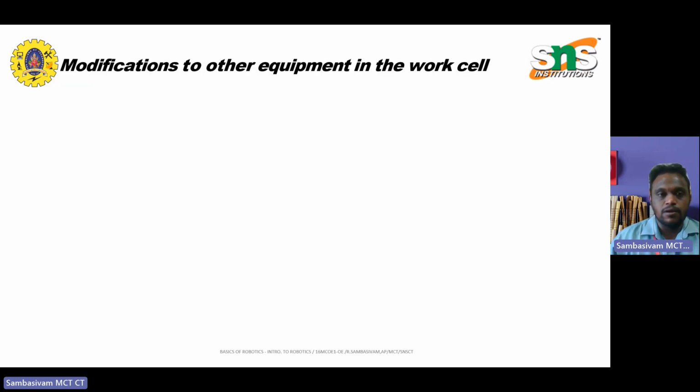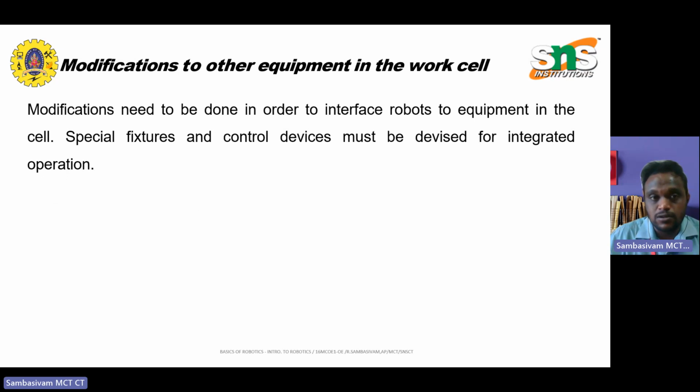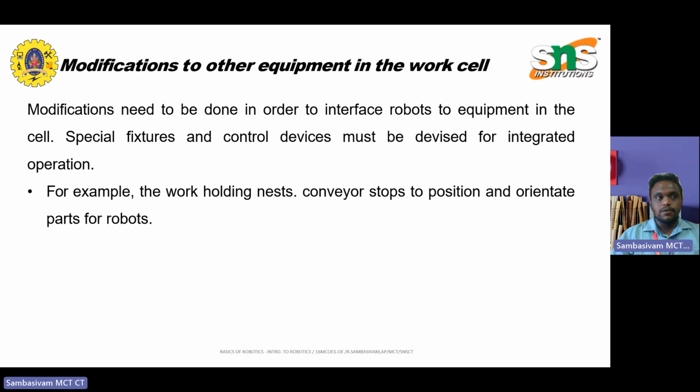As I said, the first one is the modification to the other equipment in the work cell. A lot of modifications are required to interface the robot to the equipment, especially in cells with special features and control devices, which are part of one integrated operation and have to be connected within each cell. For example, the work holding nest and the conveyor stops position and orient the parts.